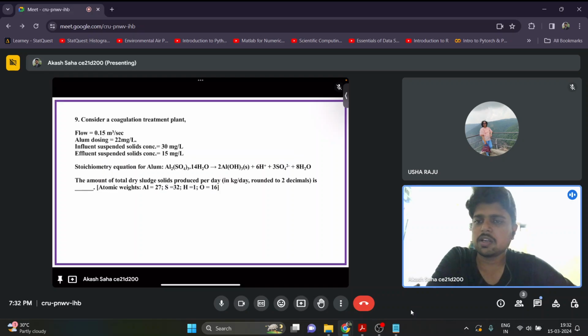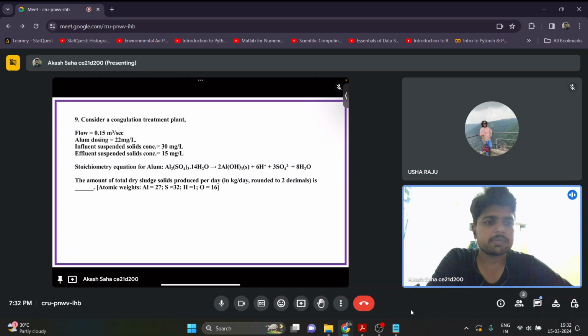Oh, again a numerical we have. So consider a coagulation treatment plant. The flow rate is 0.15 meter cube per second. The alum dosing is 22 milligram per liter. The influent suspended solids concentration is 30 milligram per liter. The effluent suspended solids is 15 milligram per liter.